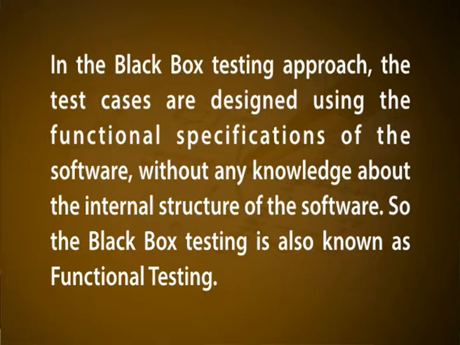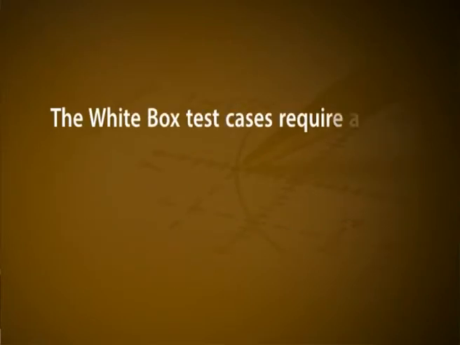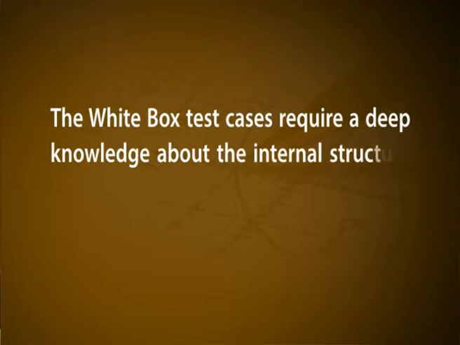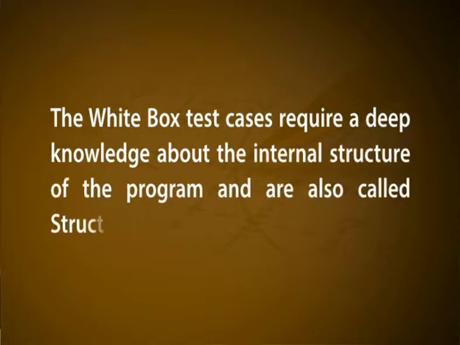So, black box testing is also known as functional testing. The white box test cases require a deep knowledge about the internal structure of the program and are also called structural testing. Both validation testing and defect testing are closely associated with implementation.